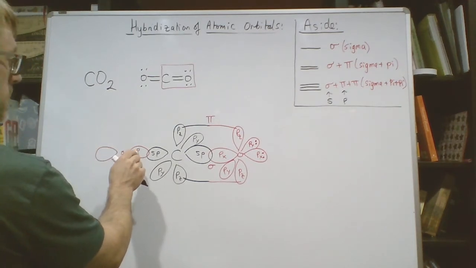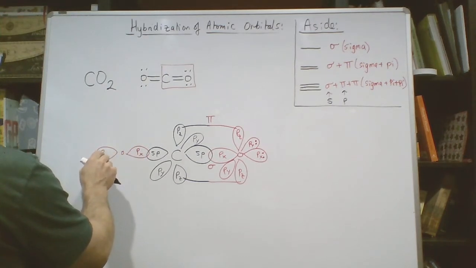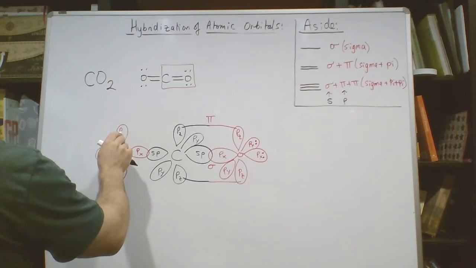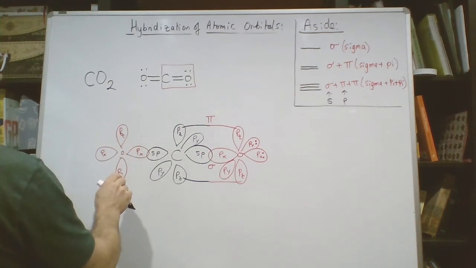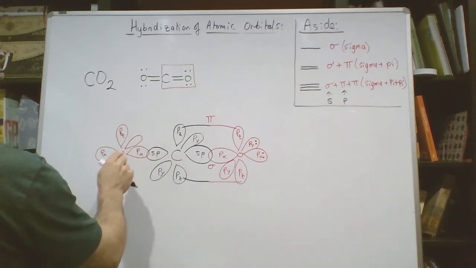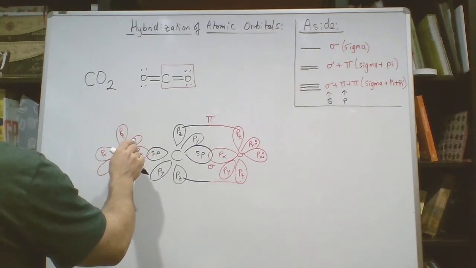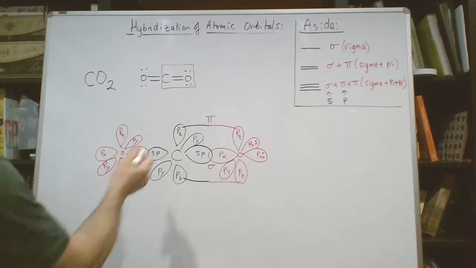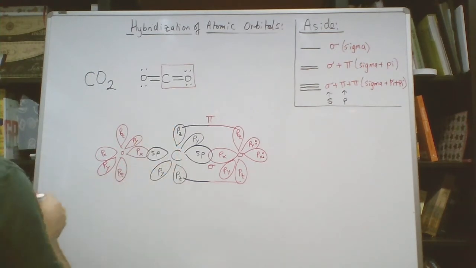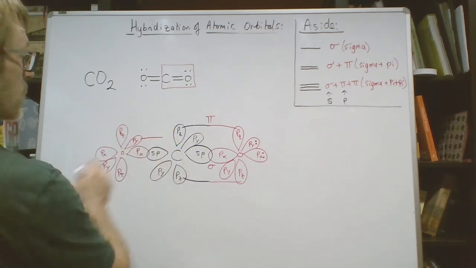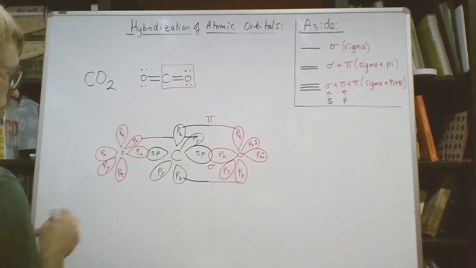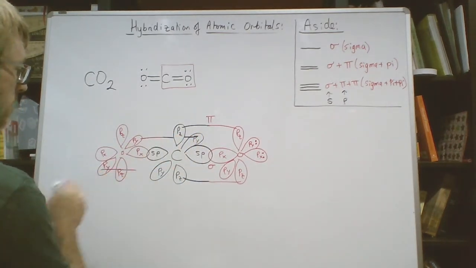I've got my PX, my PZ, my PY. My PZ is already being used, so now I'm going to go for my PY, which is going to be behind here, and again in front here.